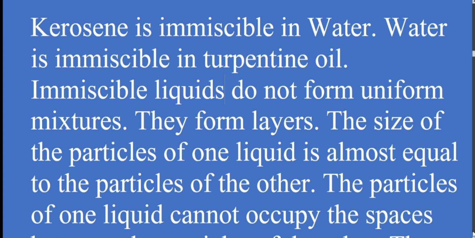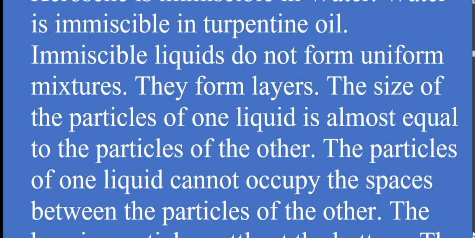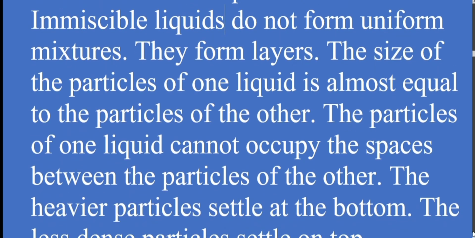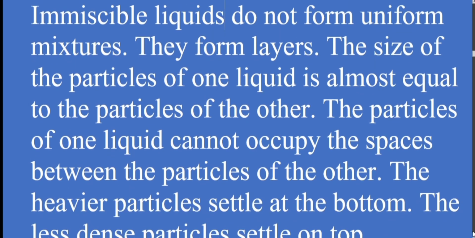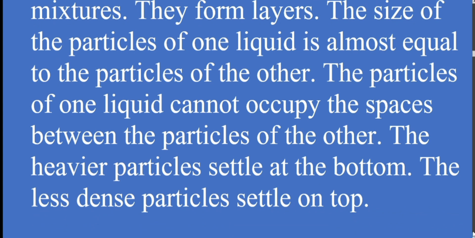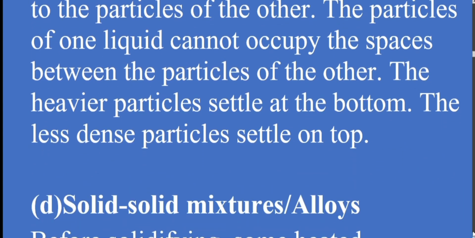So the heavier one will be at the bottom, and the one that is slightly lighter will be at the top. So the heavier particles settle at the bottom, the less dense particles settle on the top. That's what makes us have two layers.